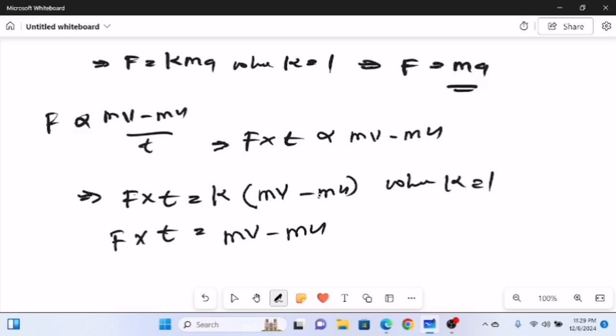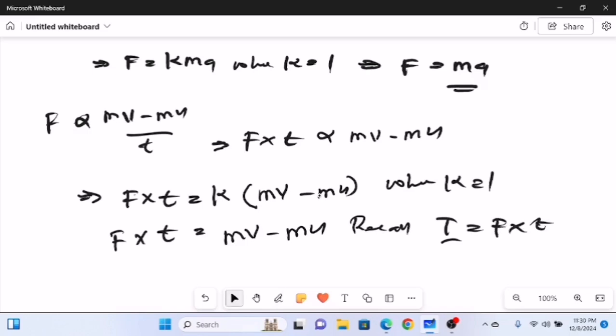Now, what does mv mean? Final momentum, and mu is initial momentum. But on the left hand side, we have something interesting: force times time. And you remember we said earlier that impulse is a product of force and time.